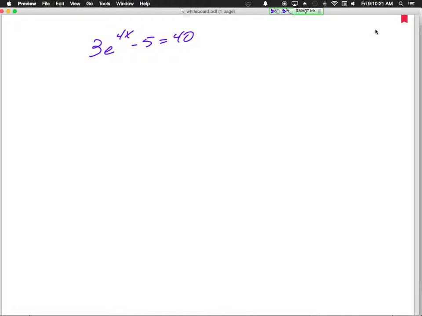Alright, I want to solve this. So what should we notice when we first look at it? There's only one exponential part, so what do I want to do? I want you guys to give me the goal. Get the exponential part by itself. So 3e to the 4x equals 45.